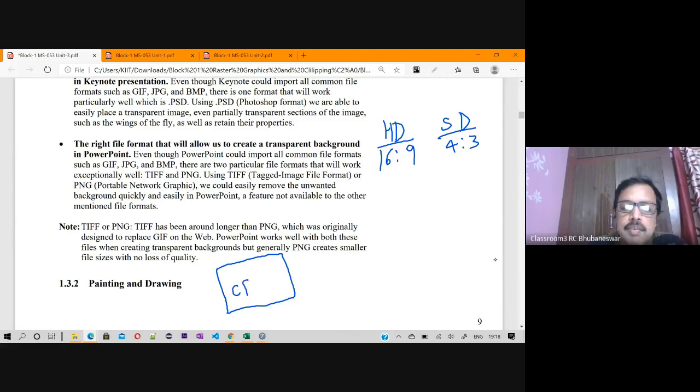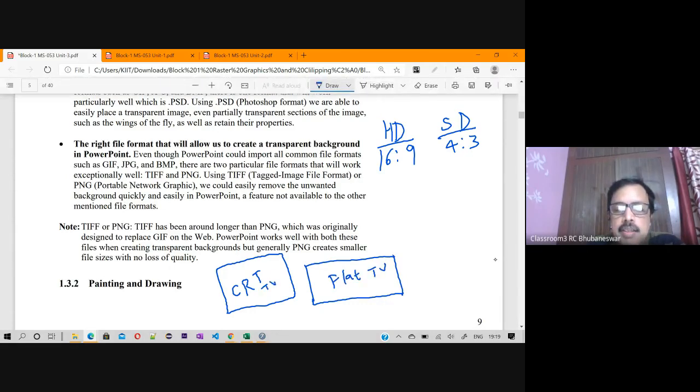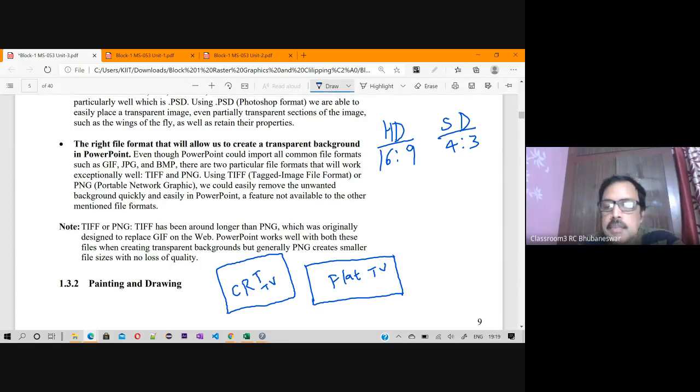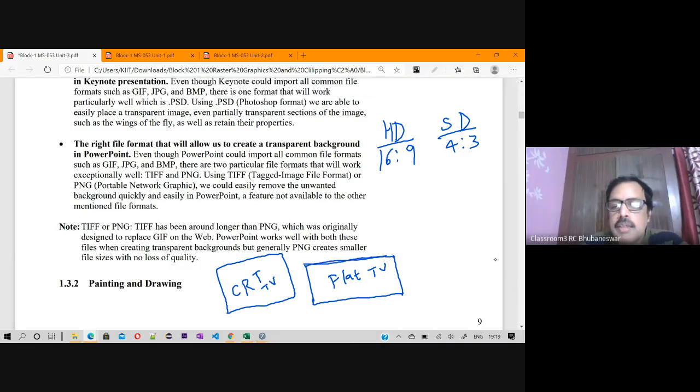But in modern flat TVs, it is very much widescreen. If you compare the dimensions of a flat TV with a CRT TV, it is wider.